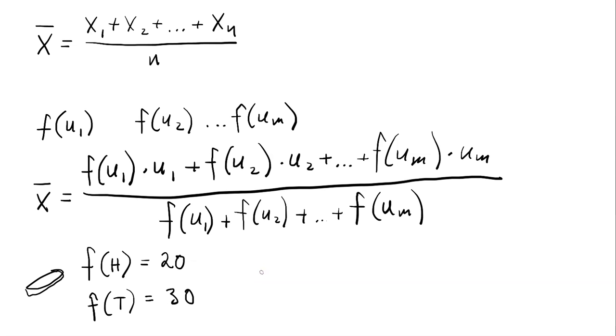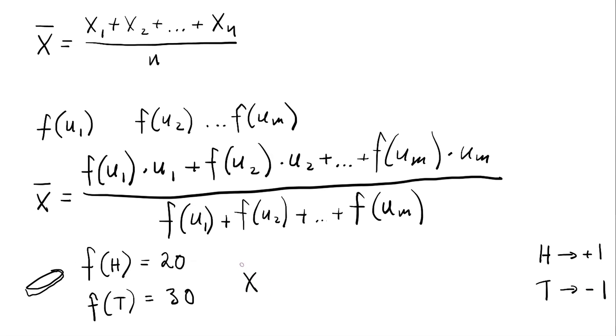Of course, now I can't calculate with heads and tails. I have to translate heads and tails to numbers. So let's say I translate heads to +1 and tails I represent with -1. Then I can calculate using this formula.